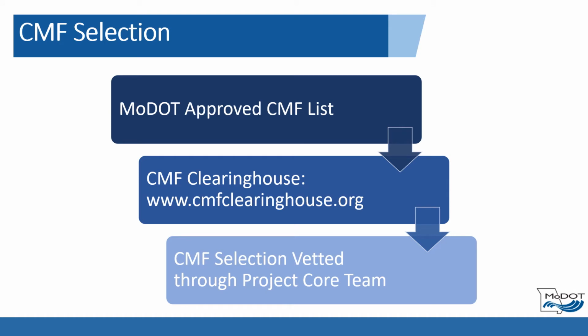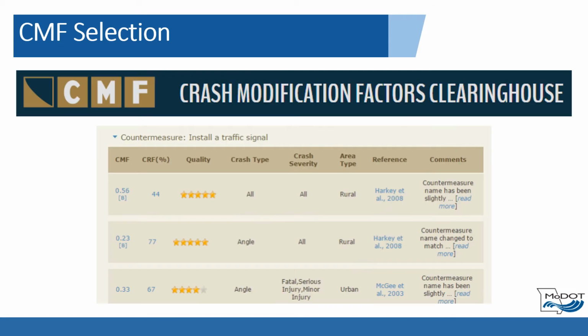As with countermeasure selection, CMF selection should be vetted through the project core team prior to using. Each countermeasure within the CMF clearinghouse is assigned a star quality rating between 1 and 5, with 5 representing the best rating to indicate the confidence in the results of the study that produced the CMF.